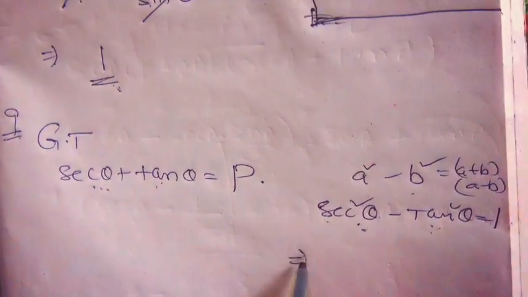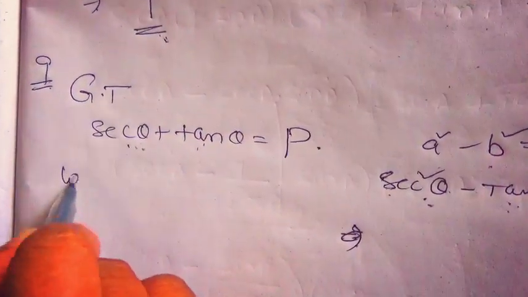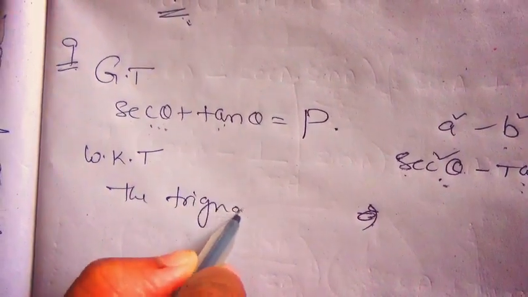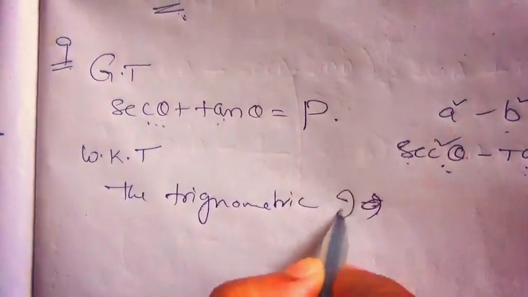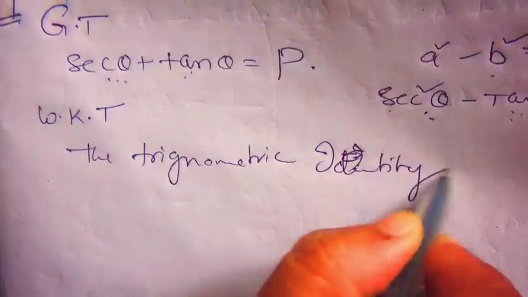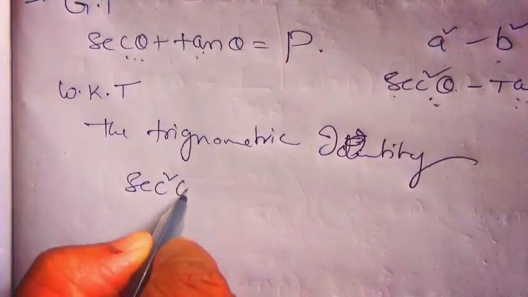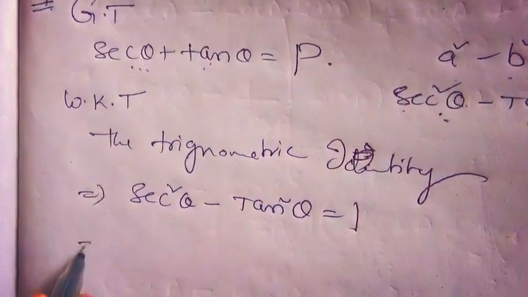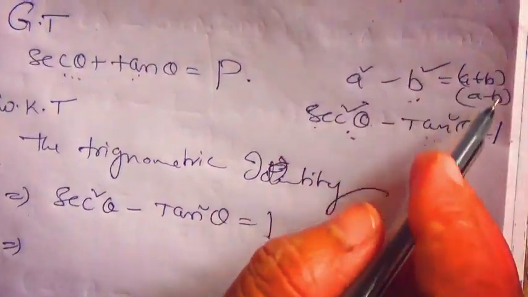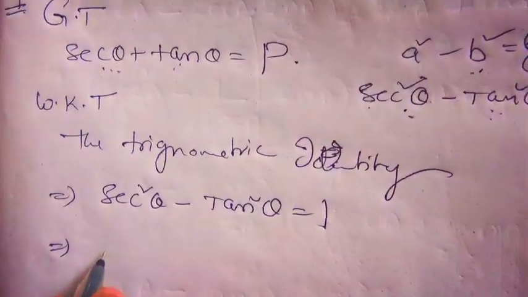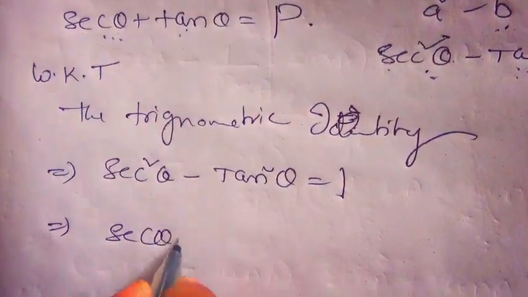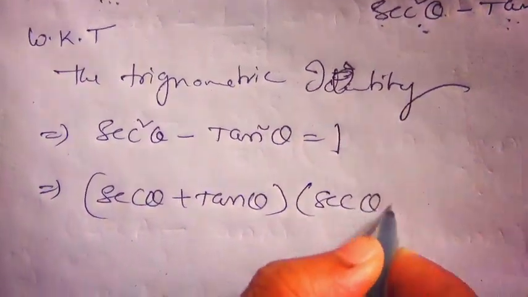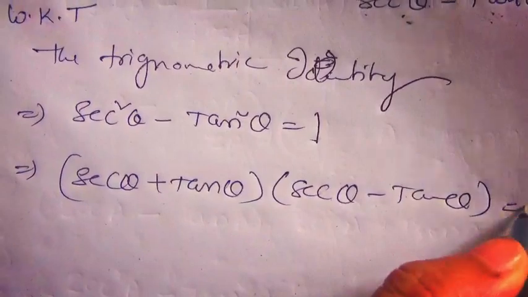So we know the trigonometric identity secant square theta minus tan square theta is equal to 1. It is in the form of a square minus b square, so I am writing this as a plus b into a minus b. Secant theta plus tan theta into secant theta minus tan theta is equal to 1.